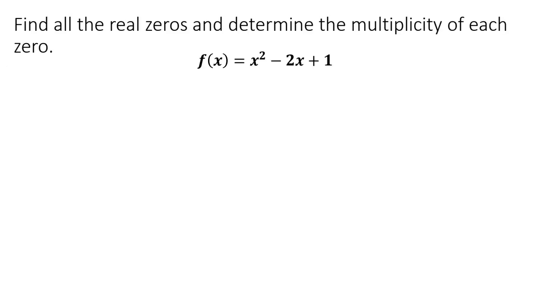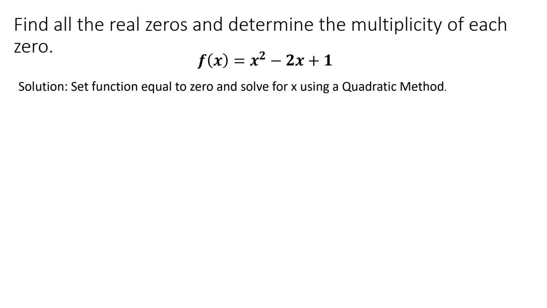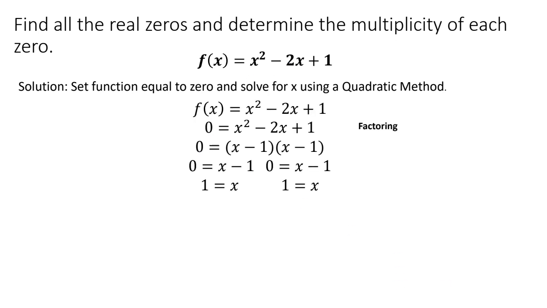So find all the real zeros. Let's try some examples here and determine the multiplicity. First, I recognize this is a quadratic equation, so I can use any quadratic methods. I'm going to try to factor, so I need to set it equal to 0. This would be x minus 1 times x minus 1. Set each factor equal to 0 and solve for x.